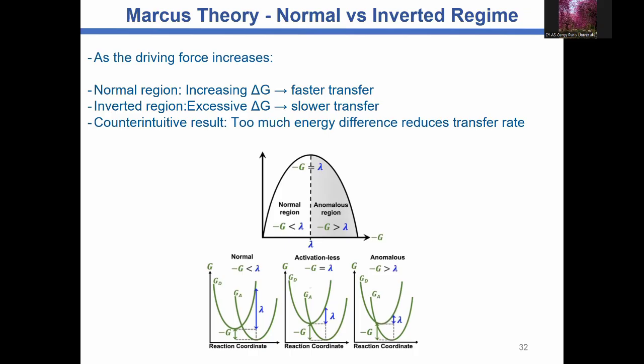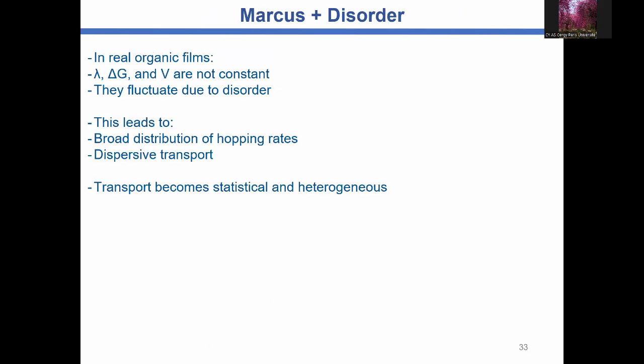So the transfer rate can be related if you have this difference in the energy of the organization. Just for curiosity, this Marcus theory we can, in general nowadays, apply to organic solar cells, but this lambda free gives energy, and also the constant, they fluctuate because of the disorder.